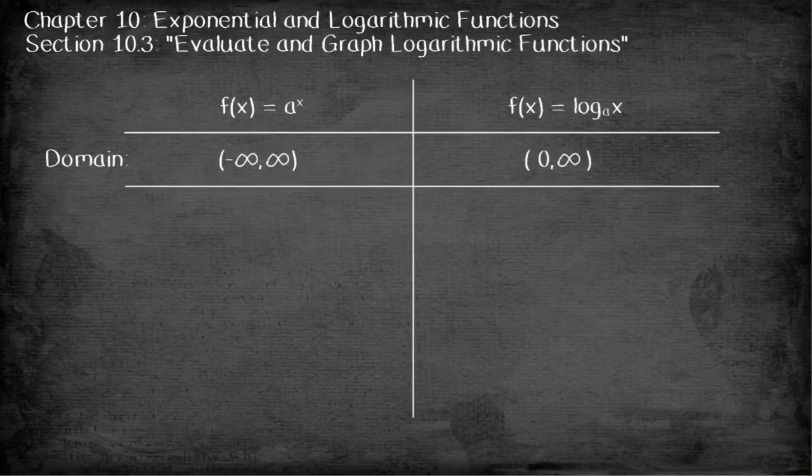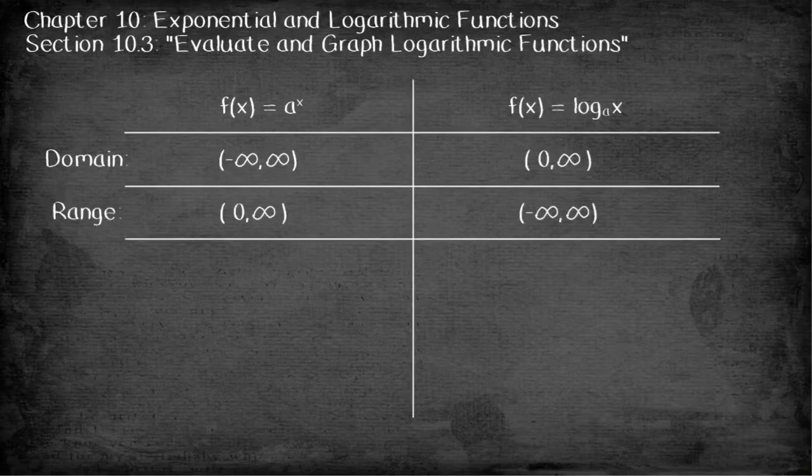For the logarithm, I can't plug in anything less than or equal to 0. For the range, for a to the x, I'm not getting anything less than or equal to 0, but for the base a logarithm, I get negative infinity to infinity. So you see the domain and range are flipped from one function to the other, and this is a feature of functions that are inverse to each other.